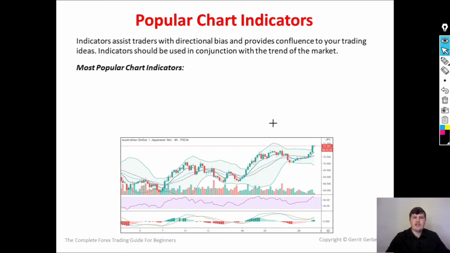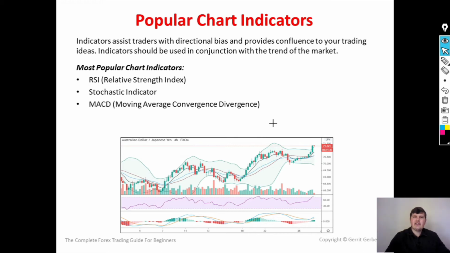Now, in this lecture, we will be taking a look at some of the most popular chart indicators, and they are the RSI, or the Relative Strength Index, the Stochastic Indicator, the MACD, or the Moving Average Convergence Divergence Indicator, Bollinger Bands, as well as moving averages that we discussed in more detail in the previous lecture.